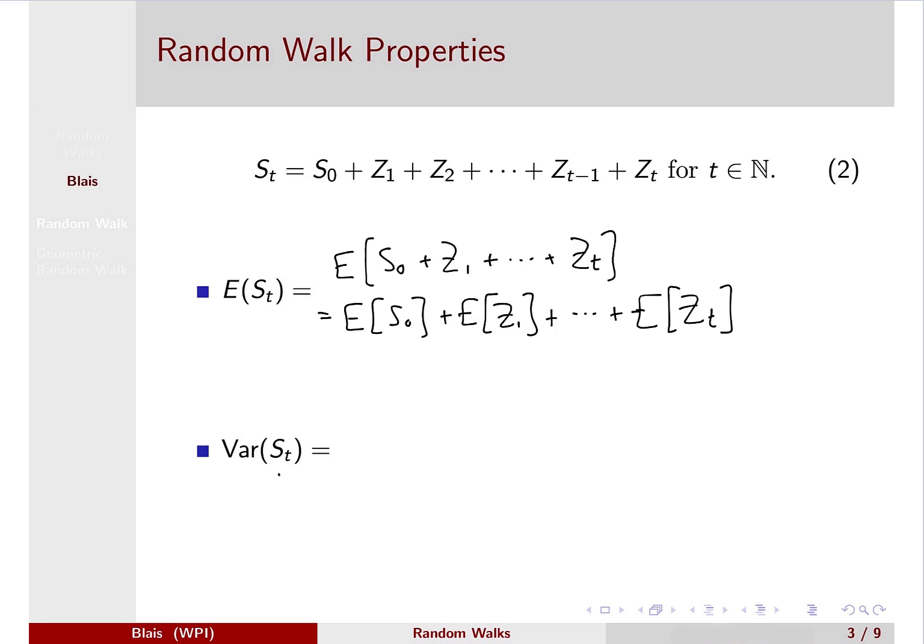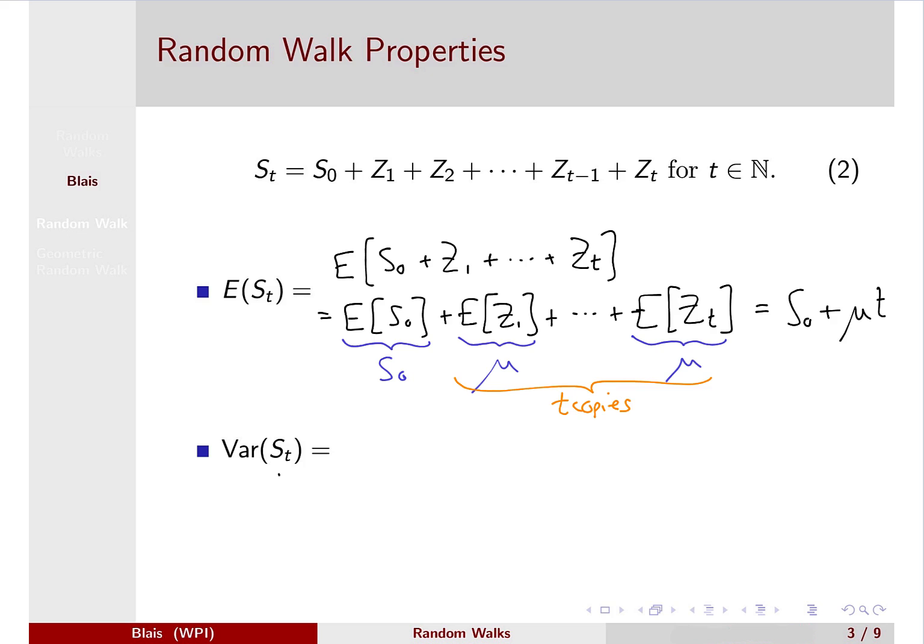First of all, S naught is a constant, so the expectation of a constant is just the constant. And each one of these Zi's, remember, has mean mu. But there are T copies of these mu's, which means our result is S naught plus mu times T.